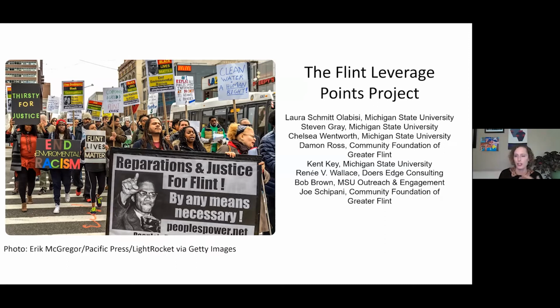Children that are getting a nutritious diet have fewer problems with lead exposure later on in their lives. However, in Flint, there's a lack of access to healthy and affordable foods. It is a city that is in a state of what our community partners refer to as food apartheid. It's an area where there is not access to healthy and adequate food, and that has been perpetuated through decades of racial marginalization, economic marginalization.